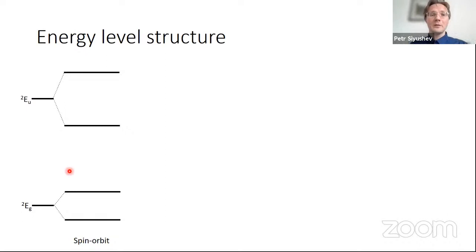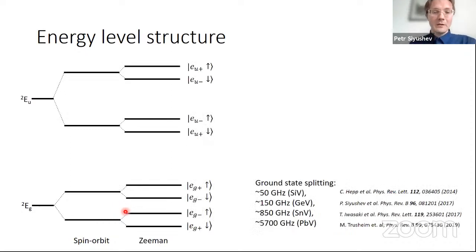And if we would like to define a qubit, we would rather have something controllable than just two orbits split by, for example, for silicon vacancy, 50 gigahertz. If we apply magnetic field, we split each orbital into the Zeeman sublevels, and then we can address them separately. So we can define the qubit.